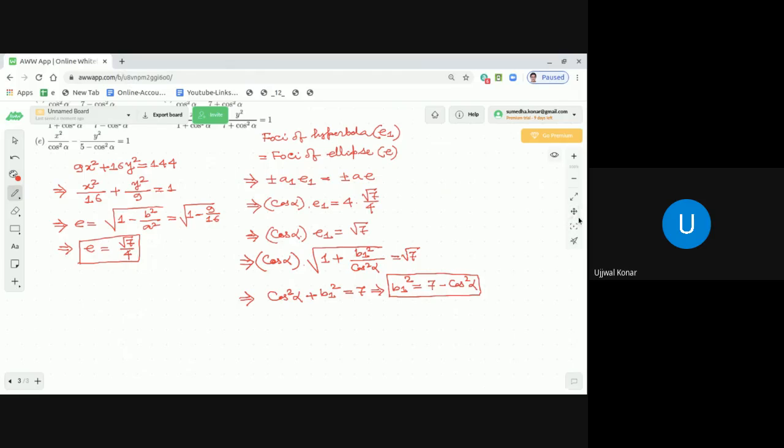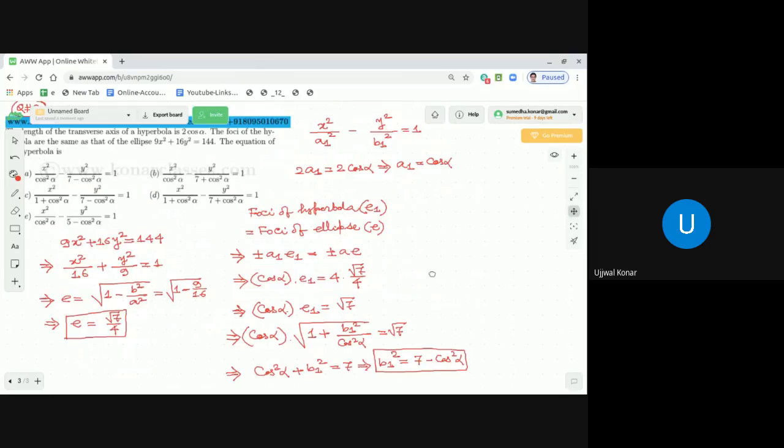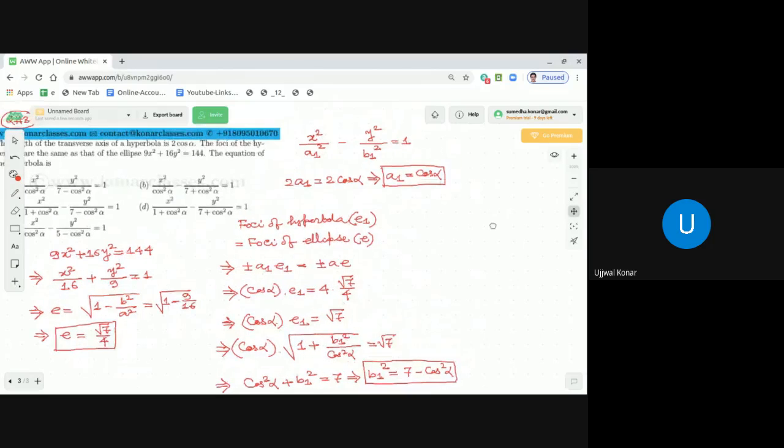And we already found the value of a1, that is cos α. Now, if we apply both these values of a1 and b1 in the equation of the hyperbola, what is the equation of the hyperbola? Let me circle it. This is the equation of the hyperbola, correct?